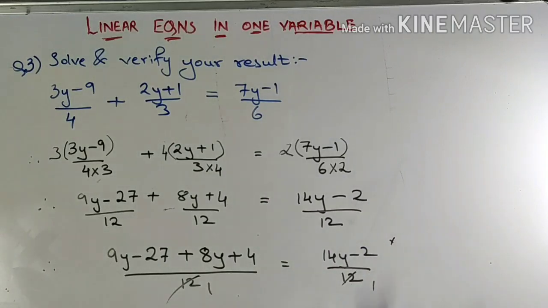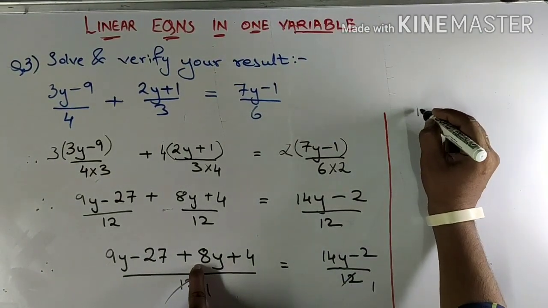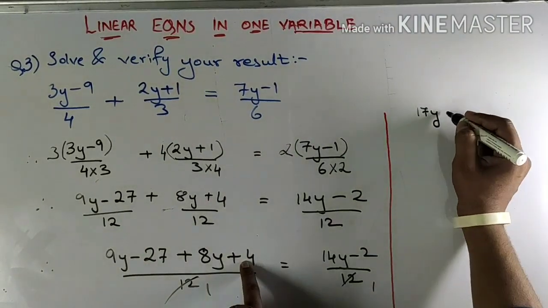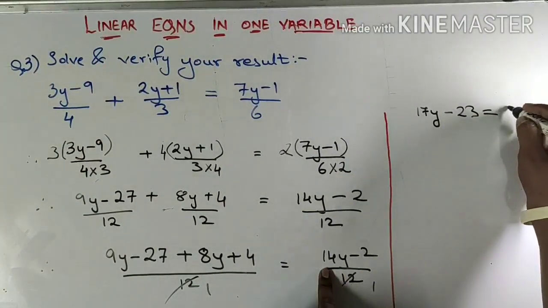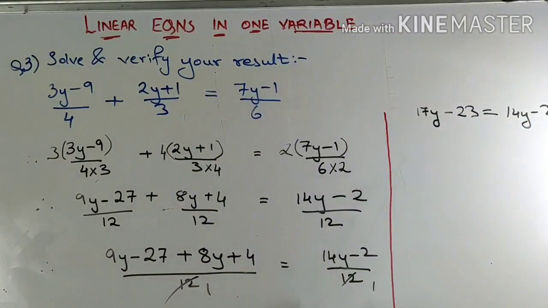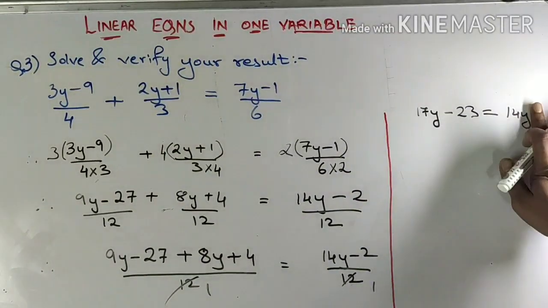So my next step will be 9y plus 8y gives you 17y, minus 27 plus 4 gives you minus 23, which is equal to 14y minus 2. Getting this y, or the unknown terms, on one side and the known terms on the other side.